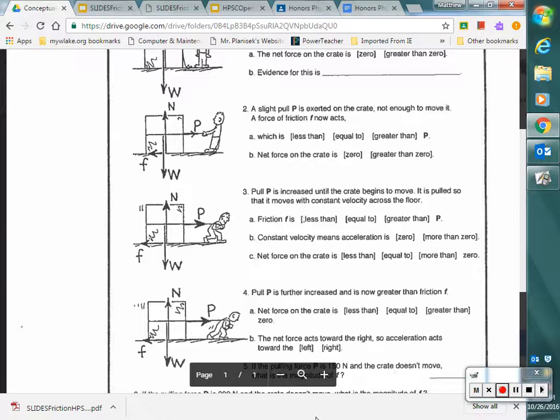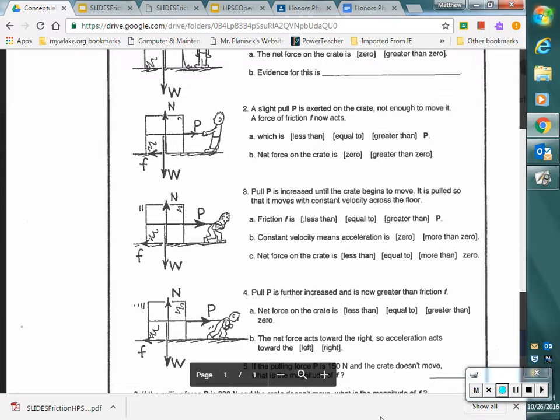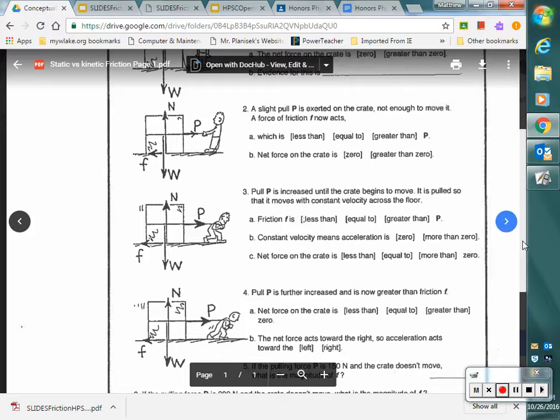So for 3b, constant velocity means acceleration is 0. Does that make sense? And if acceleration is 0 for 3c, what has to be true about net force? It has to be 0 as well, right? So the net force on the crate is equal to 0. Good with those?